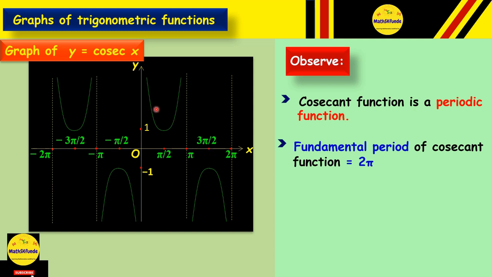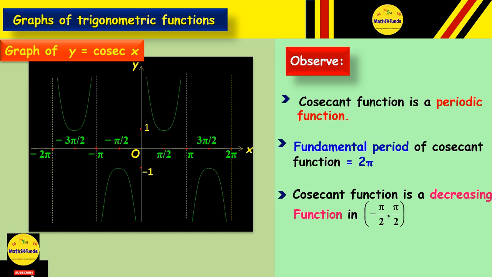In the next interval, a similar thing happens. So understand that the graph is showing repeated behavior, and after an interval of length 2 pi, the function repeats its behavior, which means the fundamental period is 2 pi.